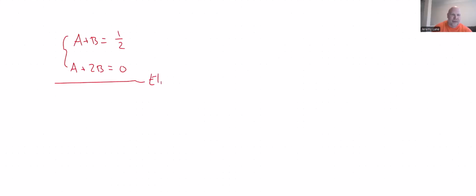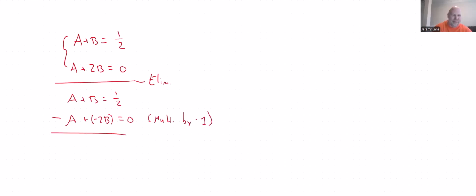So I'm going to have a plus b equals 1/2, and I'm going to multiply the second equation to get negative 2b is equal to 0. So basically, I multiplied the second equation by -1 to change the signs.